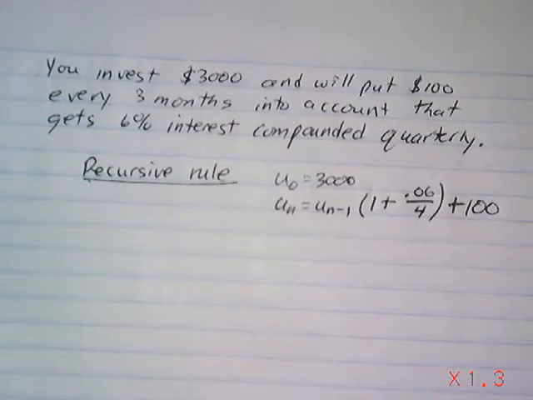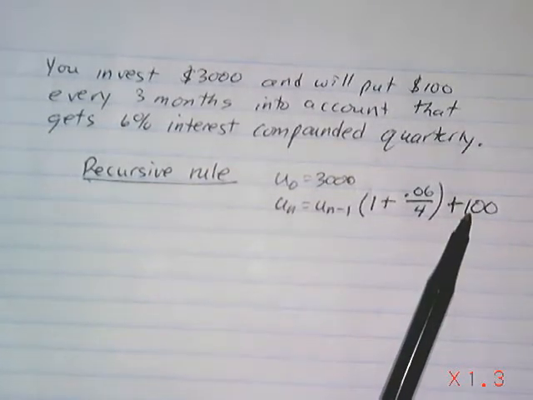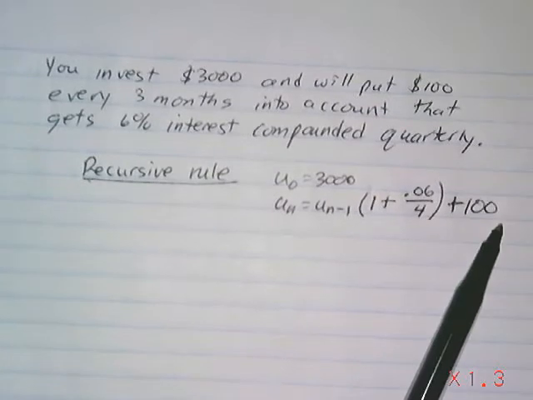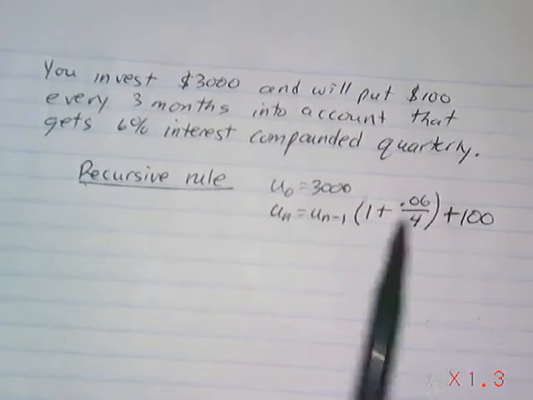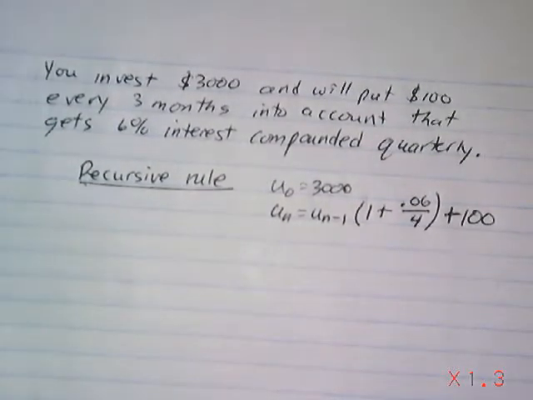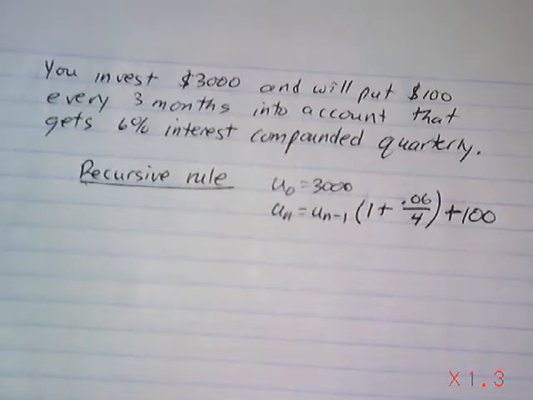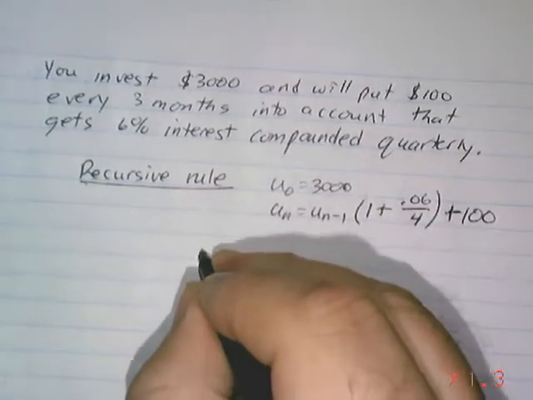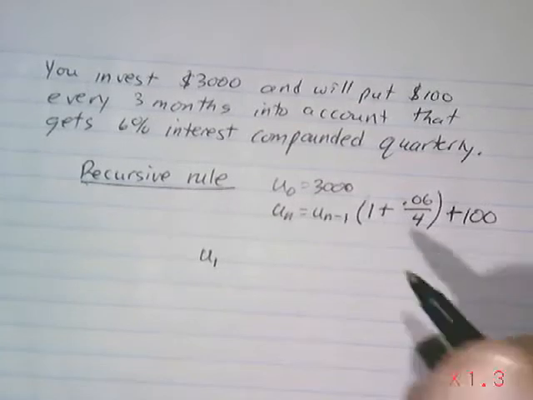So our recursive rule, our U sub 0 is that principal, $10,000. And our U sub n is U sub n minus 1 times 1 plus the rate, in this case 0.04 divided by 12 because we are doing it monthly. And this time, this is a payment of 120.